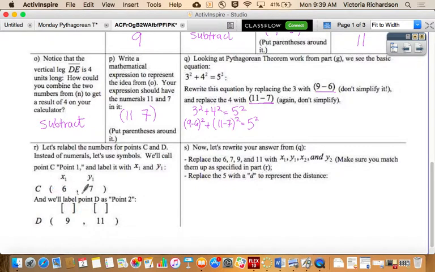So because C is our first point, we're going to call this x1 and we're going to call this y1. And remember, we did this when we talked about slope. Y'all remember that? Yes. Okay. So now we're going to do it for Pythagorean distance. So it says, and we're going to label point D as point 2. So this would be x2, y2.